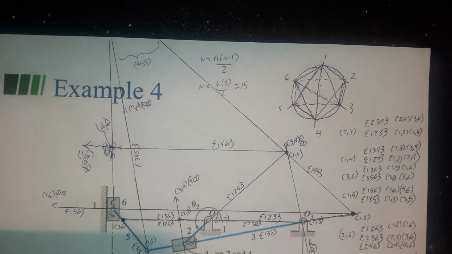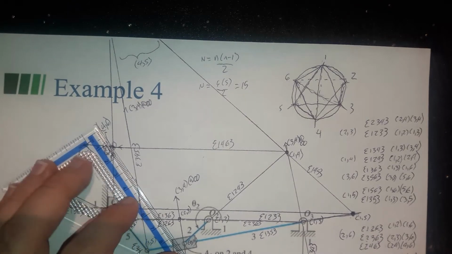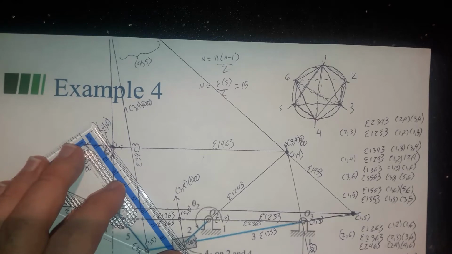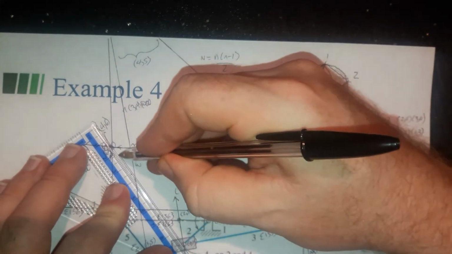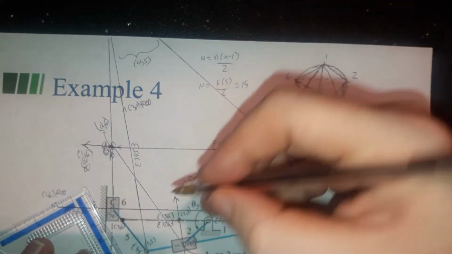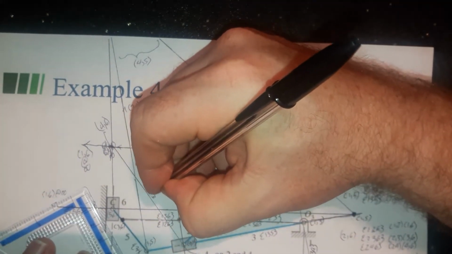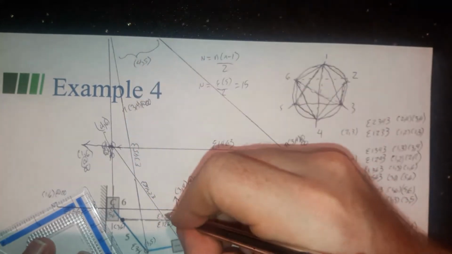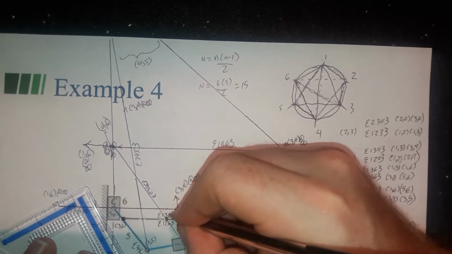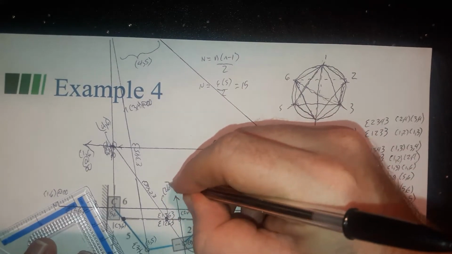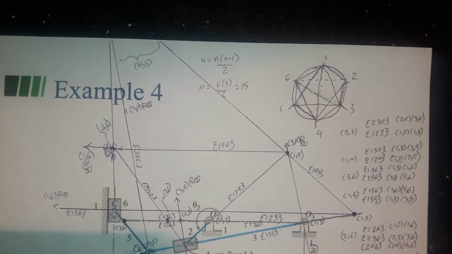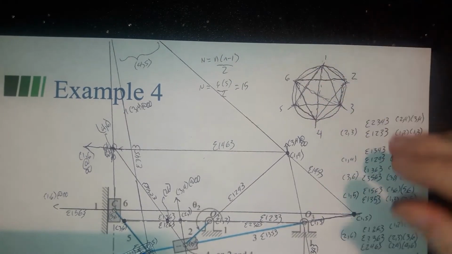Point 2, 4, let's see here, that one is right here, and so line 2, 4, 6 is right here, and point 2, 6 right there. Okay, so we're able to come back and find that one.